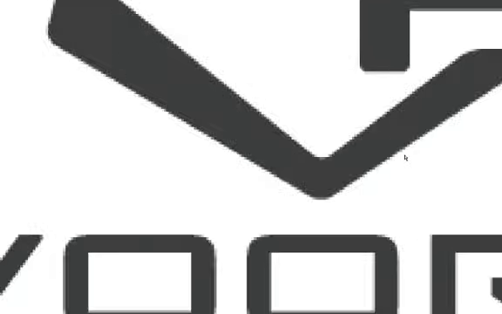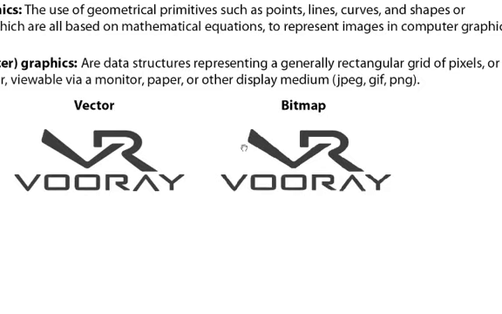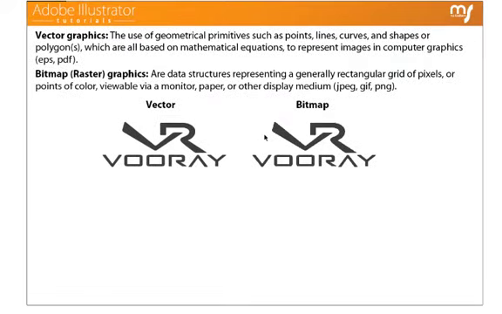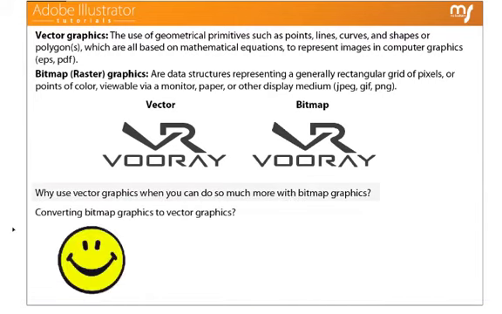When I zoom out, I can't see these individual pixels. They're so small, but they are there. So that is one of the biggest reasons Illustrator is very, very helpful. So remember, in Adobe Illustrator, we are working in a vector environment. Now quickly, why use vector graphics when you can do so much more with bitmap graphics?